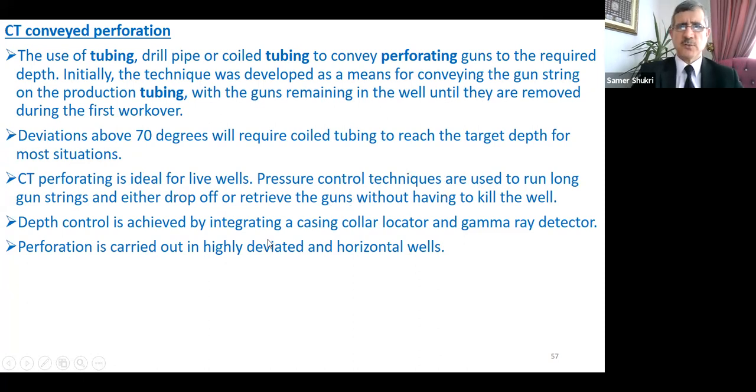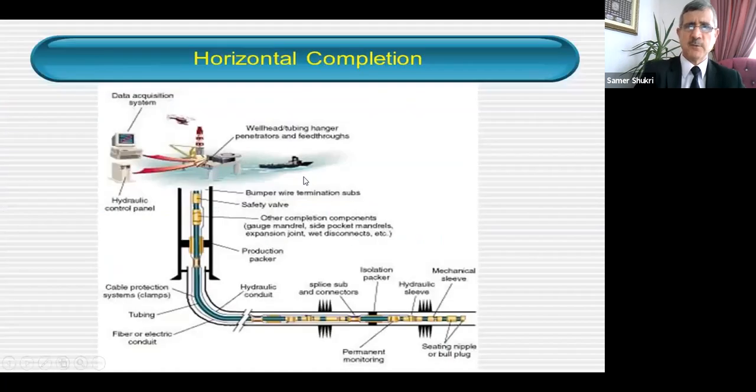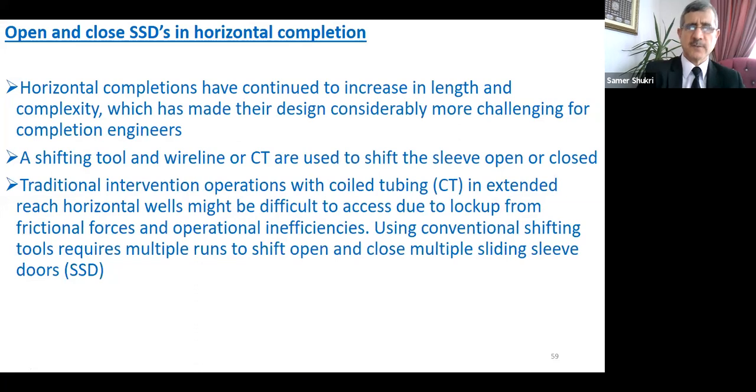So we have pressure control equipment. You see, these are the perforating guns and the phases of each one. Each one has phasing 45 degrees, sometimes 60 degrees. So we have to make it 360 degrees to cover all the tubing or the casing for perforating.